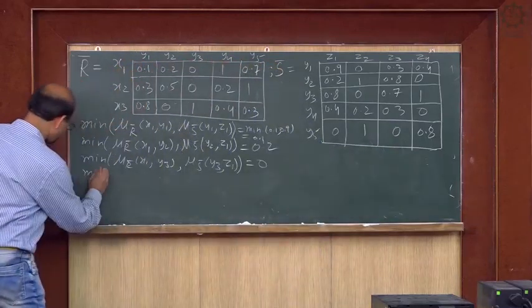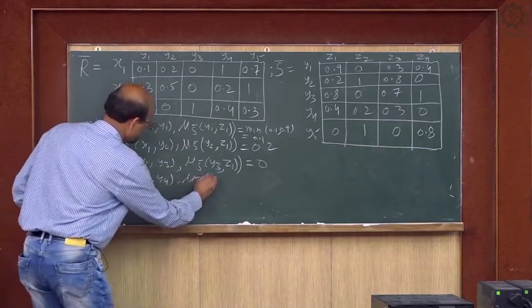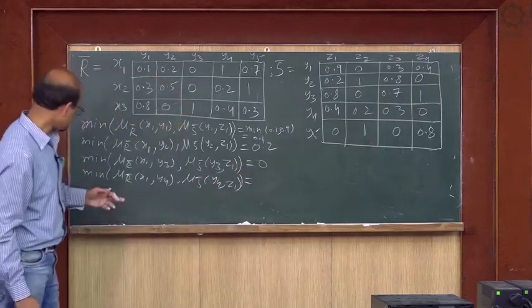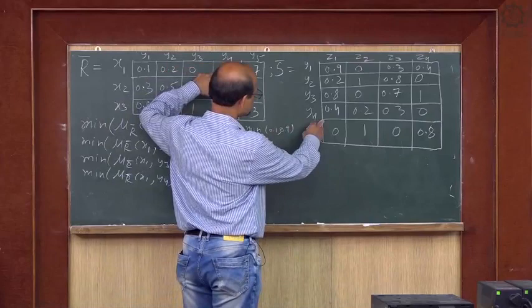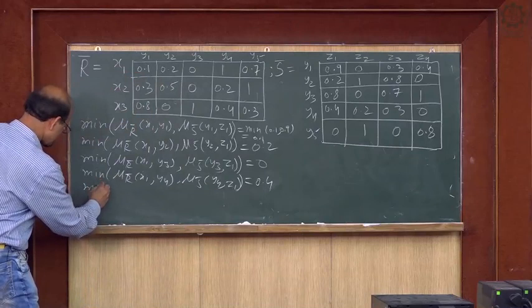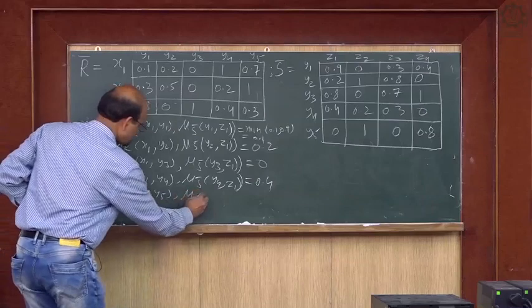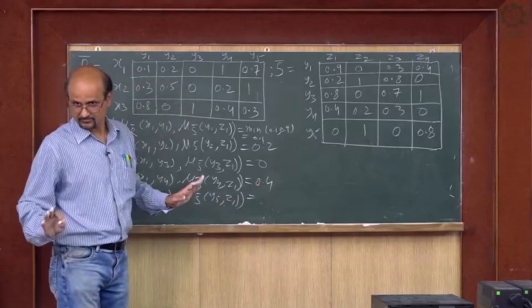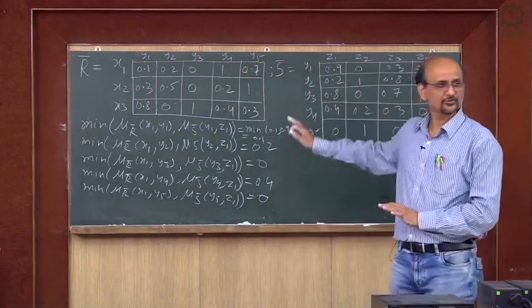Minimum of mu R bar x1 y4 and mu S bar y4 z1, that is 0.4. Then the last one, minimum of mu R bar x1 y5 and mu S bar y5 z1, that value is 0.